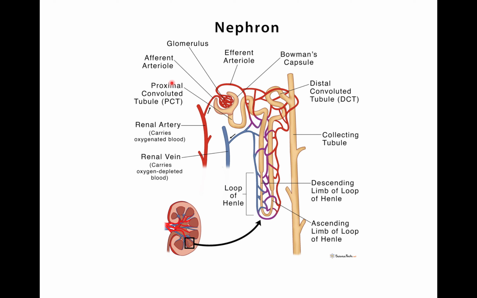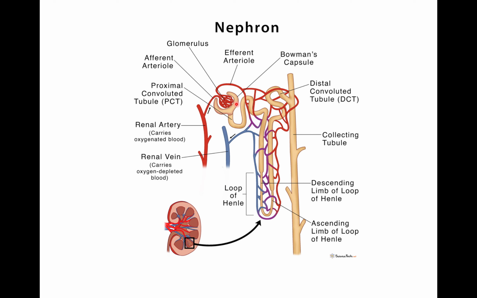Bowman's capsule is also known as glomerular capsule. It is a double-walled cup that surrounds the glomerulus. It is made up of a visceral inner layer which is formed by specialized cells known as podocytes, and the outer layer composed of flattened epithelial cells.